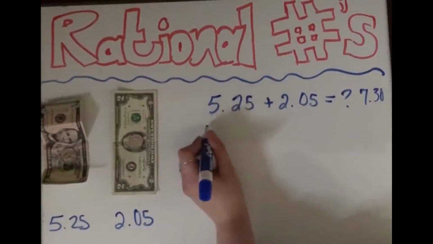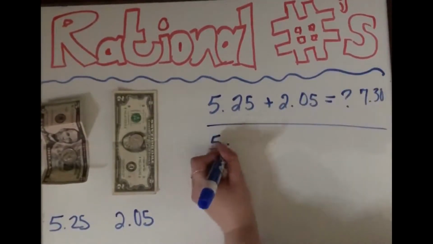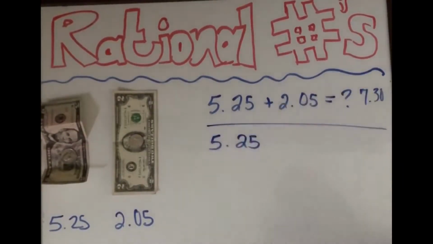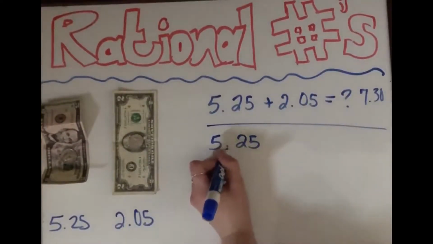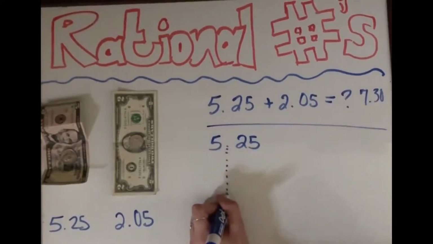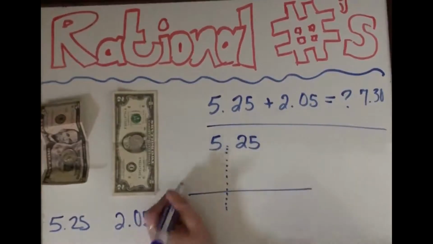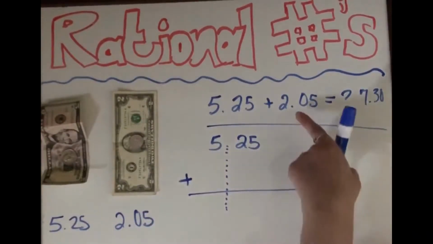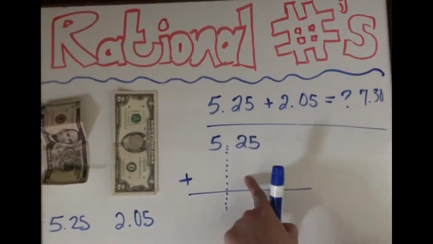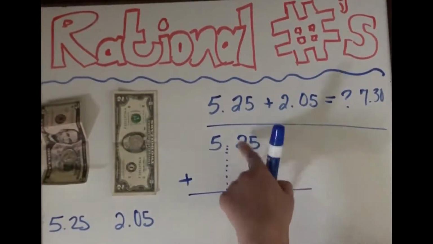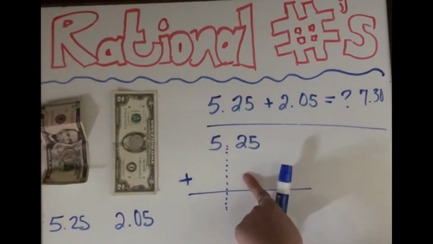So here we have $5.25. Our decimal point is here, so we need to make sure we carry it all the way down, right? So now our $2.05 has to fall in accordance to the $5.25.